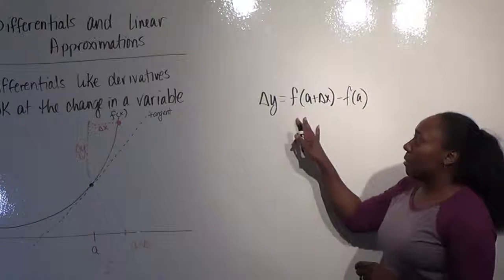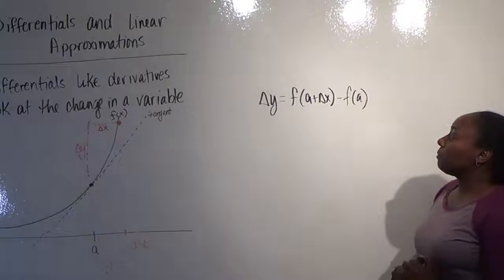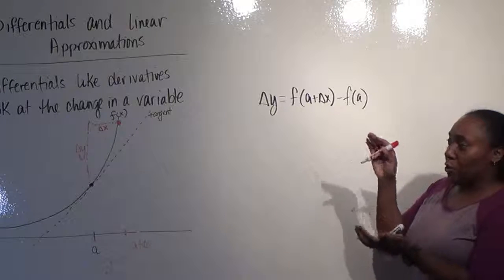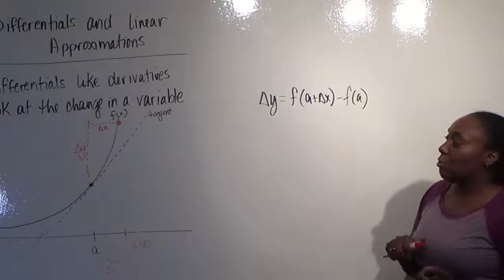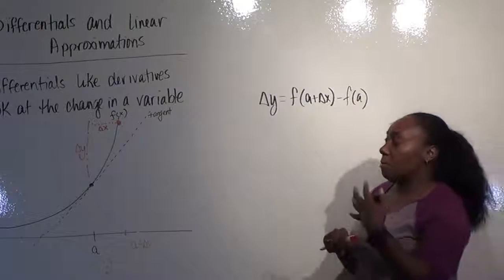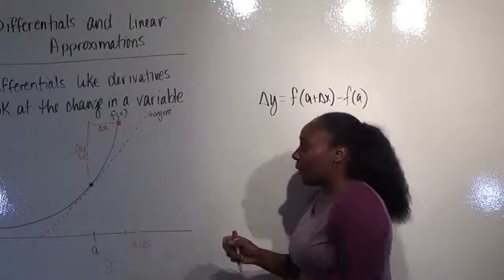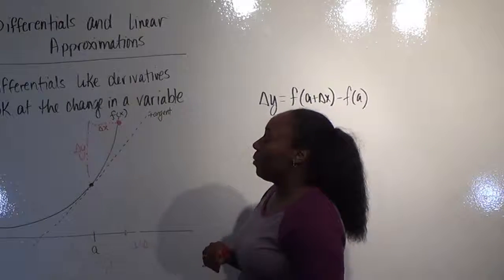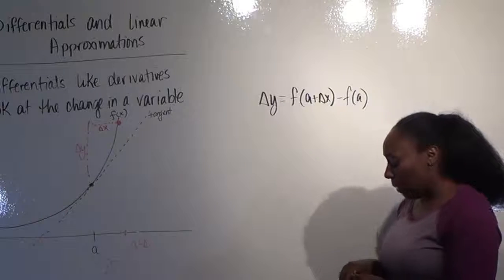Now that's something we learned back in pre-calc. If I have two function values and I want the difference, I'm just going to subtract them. But what comes new is the fact that we're looking at that tangent line as well.